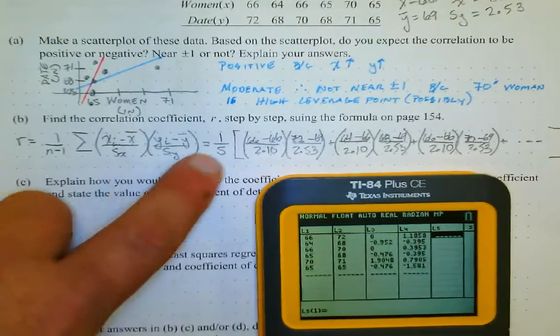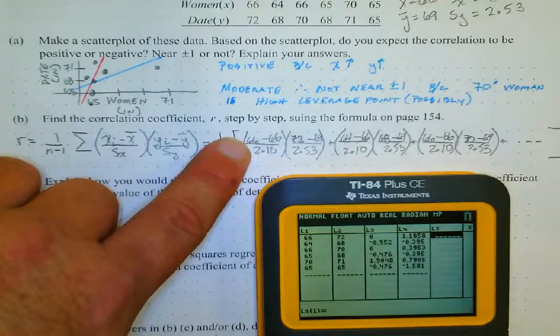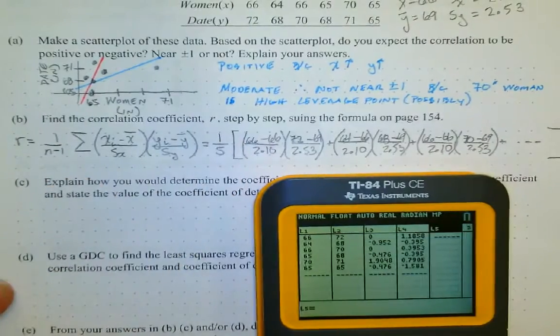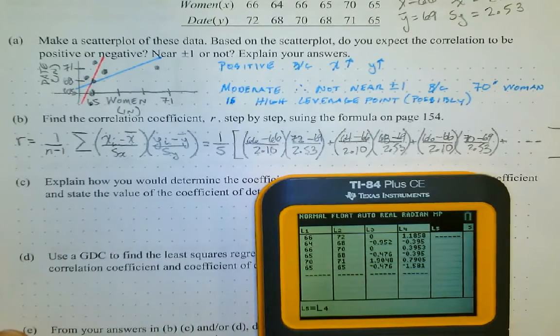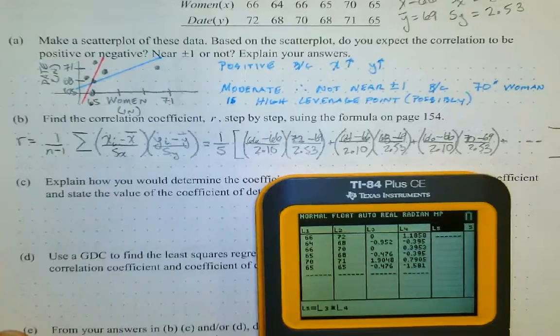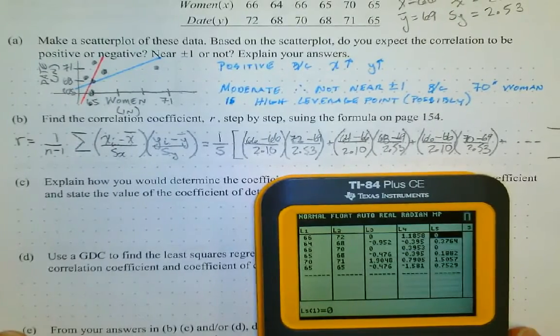Now, I need to find their product, so L5 is going to be given by second L3, L3 times L4. That's going to be L5.